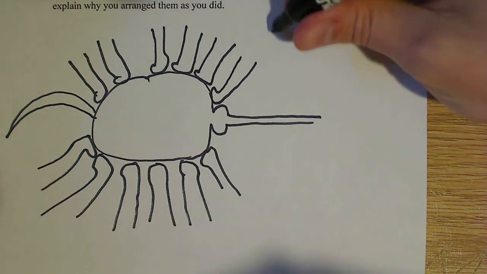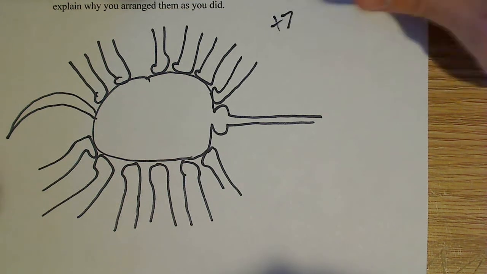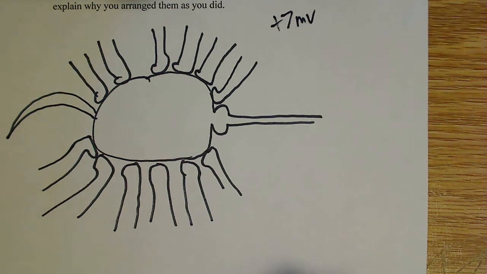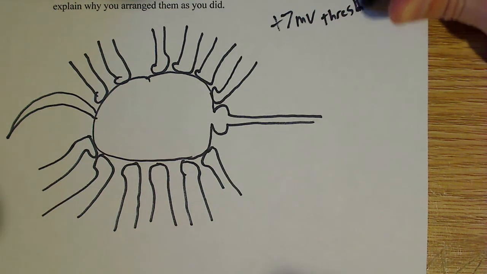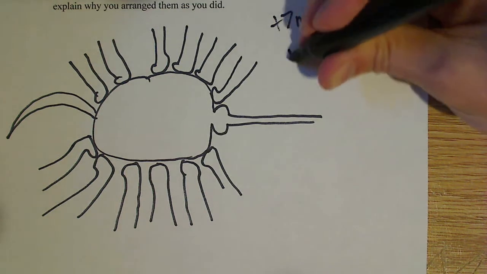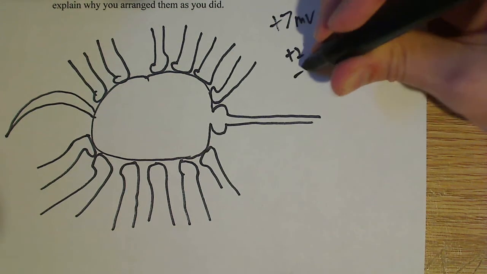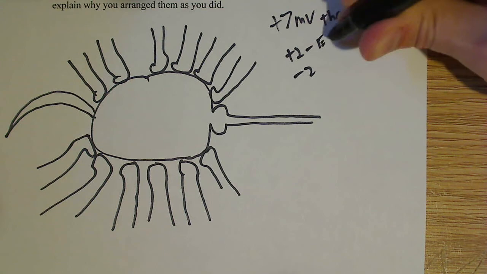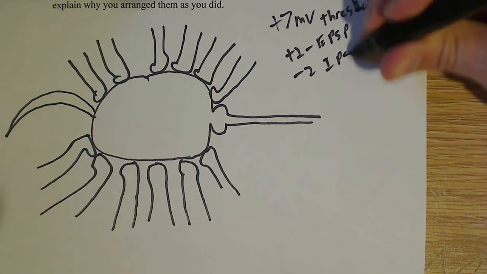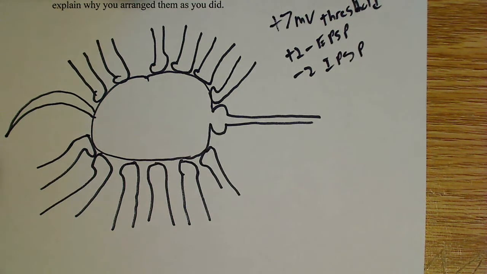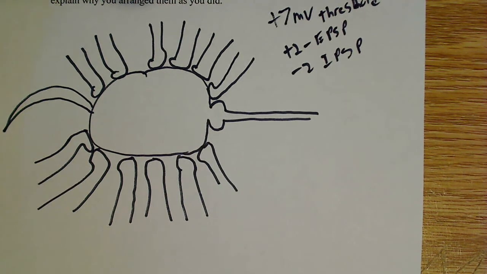Now remember, threshold is a total of plus 7 millivolts above normal. This is threshold. So that's threshold, and plus 2 or minus 2 for an excitatory postsynaptic potential or an inhibitory postsynaptic potential, depending on what's going on here.